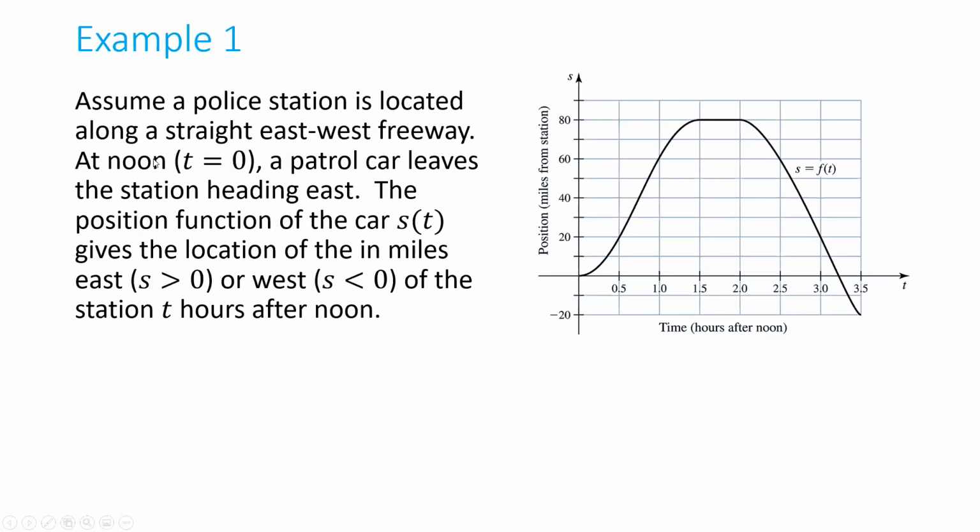A patrol car leaves the station heading east. The position function of the car s of t gives the location of the car, I should say, in miles east. I left out a word there. So east would be the positive direction and west would be the negative direction.